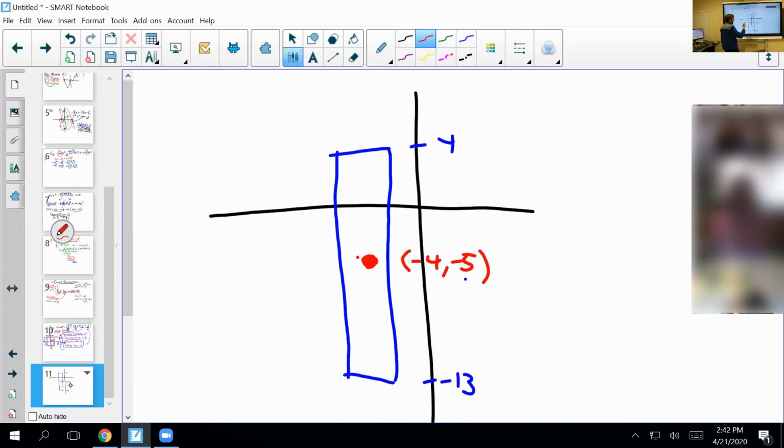Obviously, the shape is transformed, so it's not going to look exactly the same, but it's the same basic shape. Something like this. Something very thin, obviously. And that is my final answer. So I will stop the recording here.